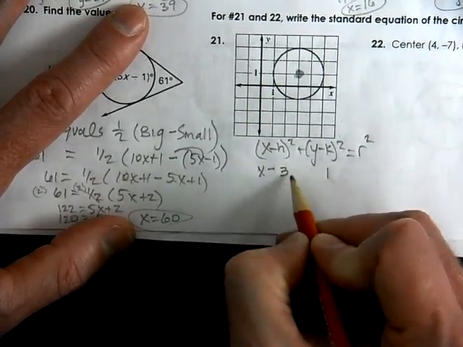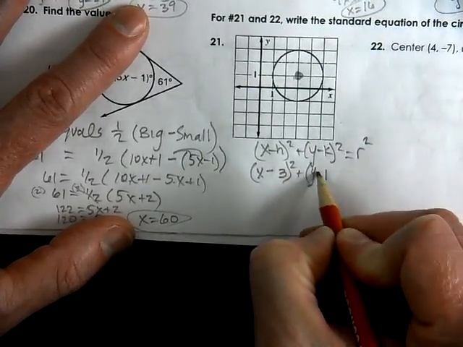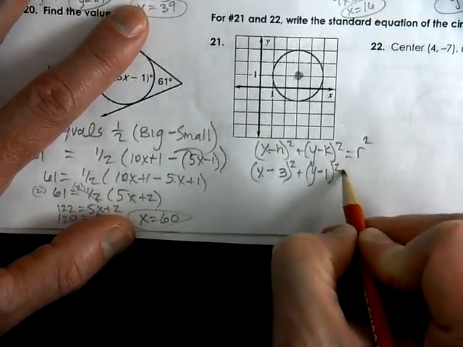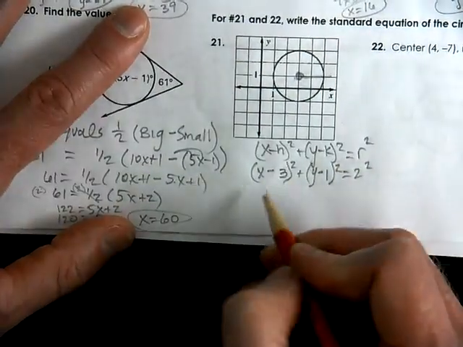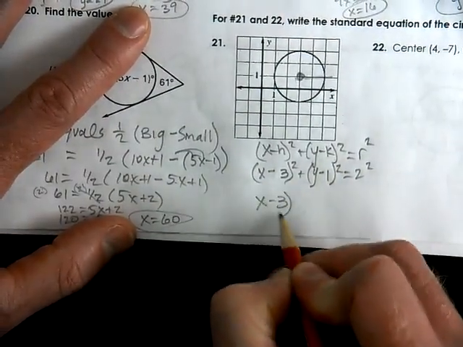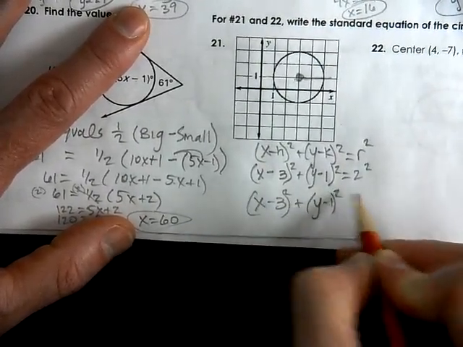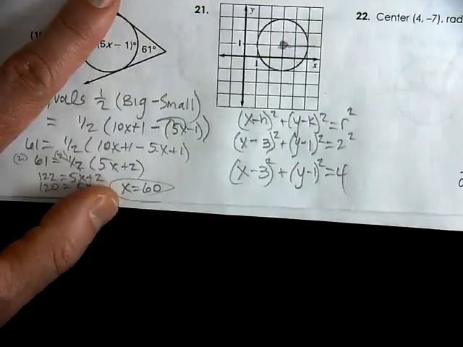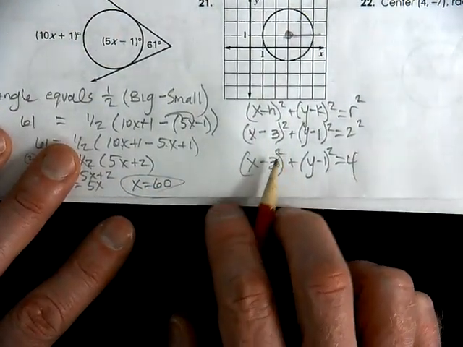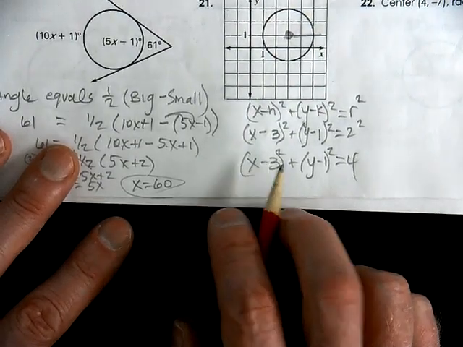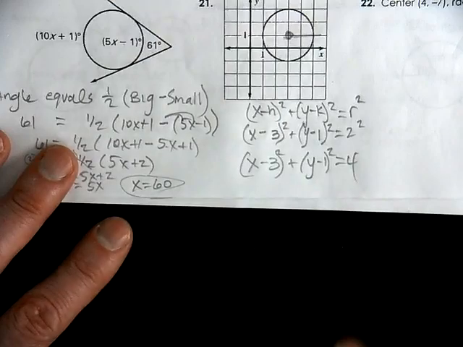So it's x minus, plus y minus. And my radius is 2, so that's squared. Don't square these. People on their quiz squared them. Don't say x squared plus 3 squared. Don't say squared. Keep it in parentheses.